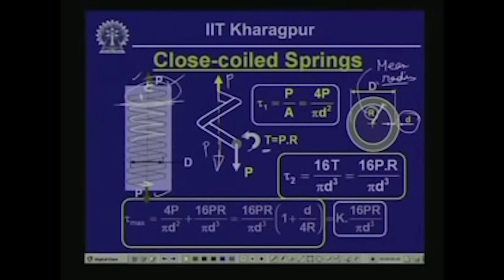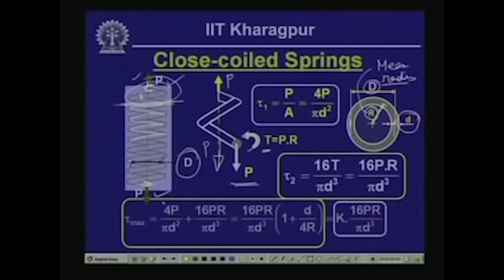Capital D is the diameter of the whole spring coil, measured from the center of the wire to the center of the wire, as indicated here.